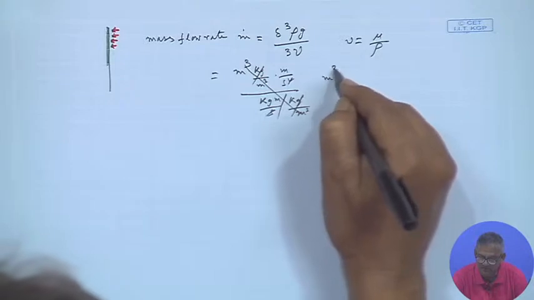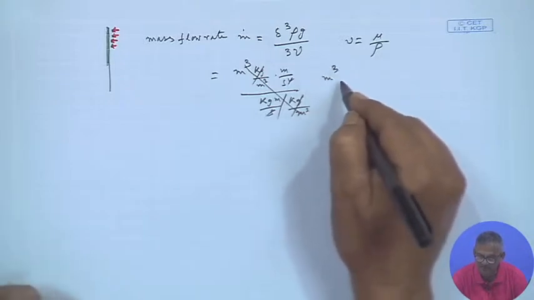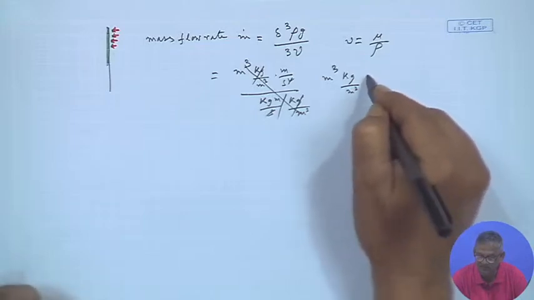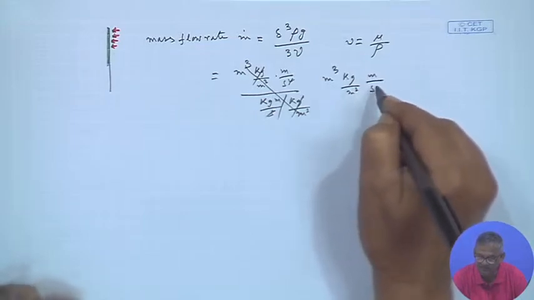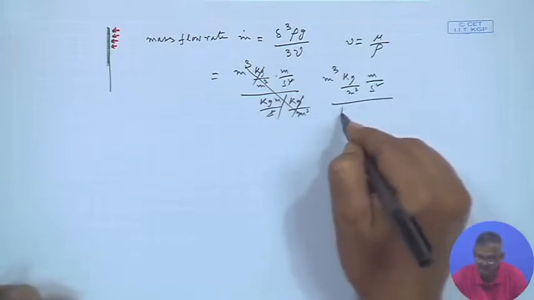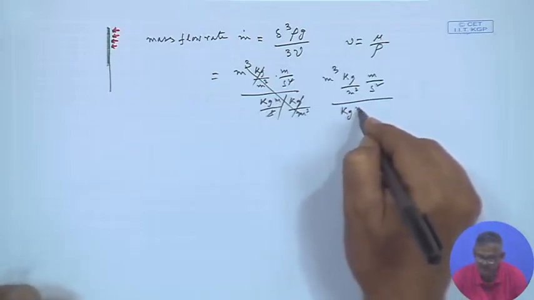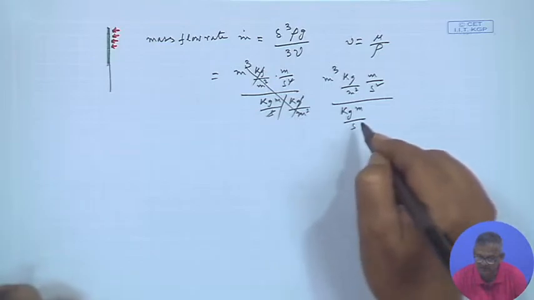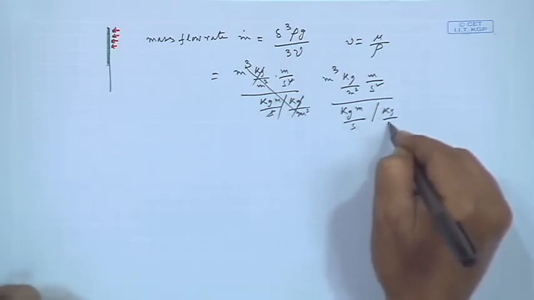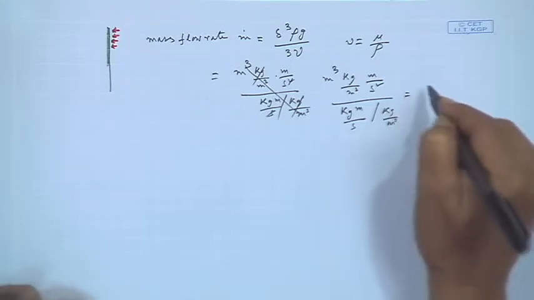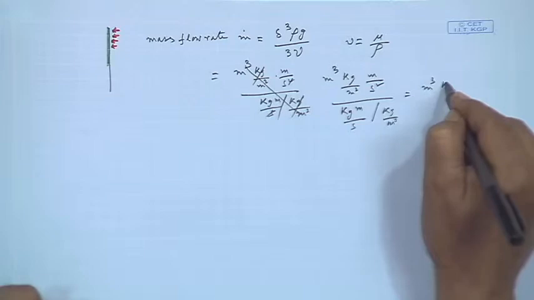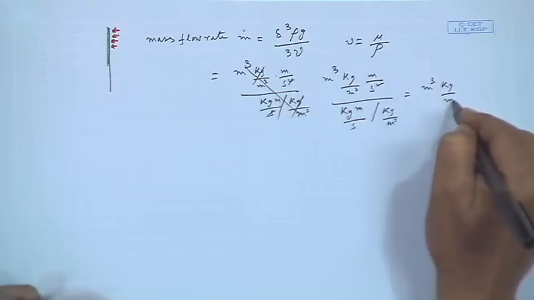So it is meter cube times kg per meter cube times meter per second square, divided by kg per meter second over kg per meter cube.